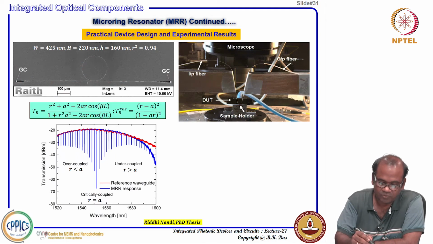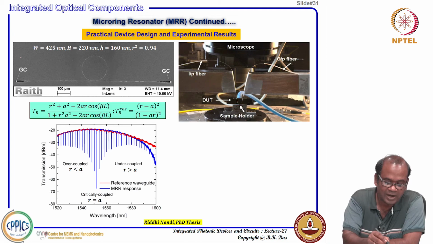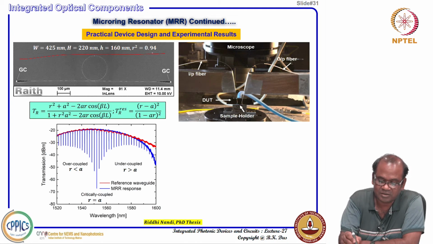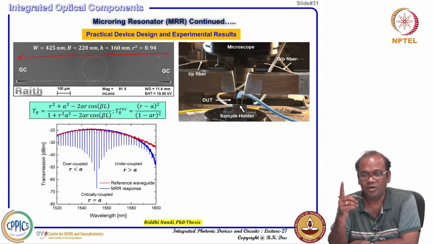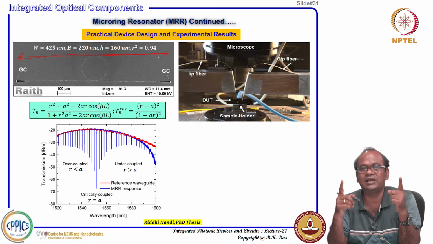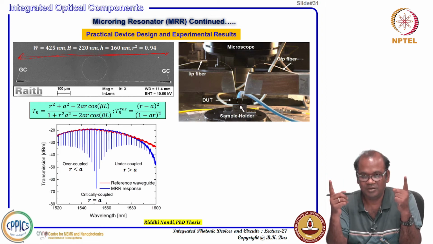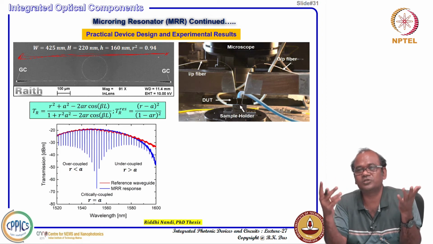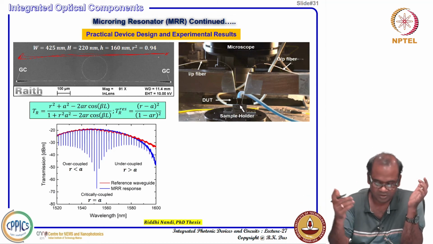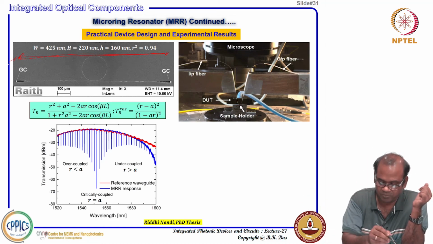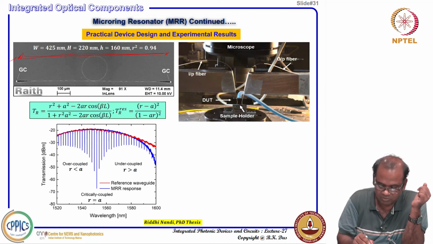So, this is your characteristic result. You see we have shown two curves. One is the red curve. For the red curve, one more additional waveguide structure is there as a reference where the ring is not there. You just launch through the grating couplers to see the wavelength dependency of the grating coupler coupling and the loss in the straight waveguide. You normalize with a certain power, then you get this red curve.